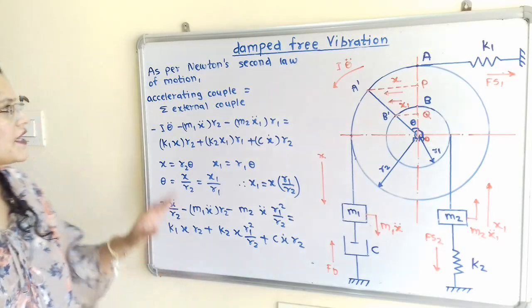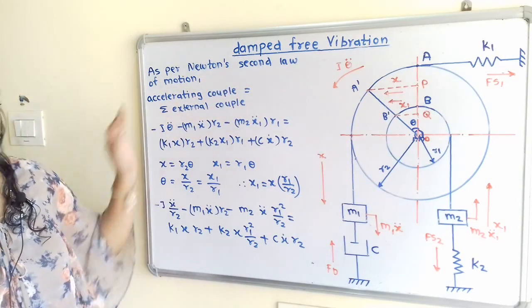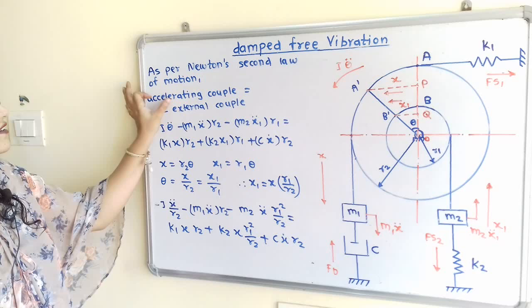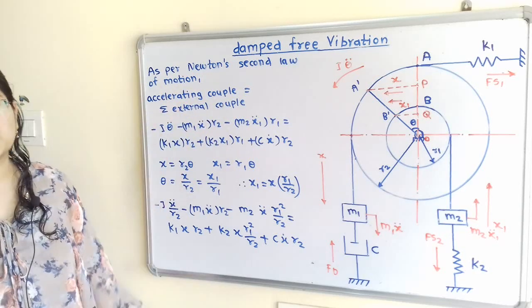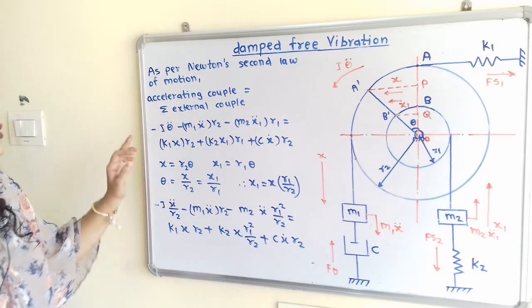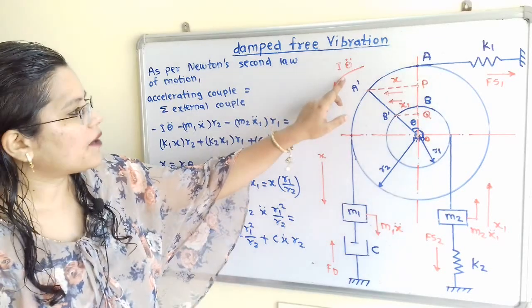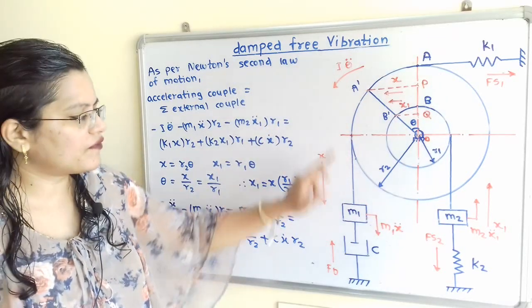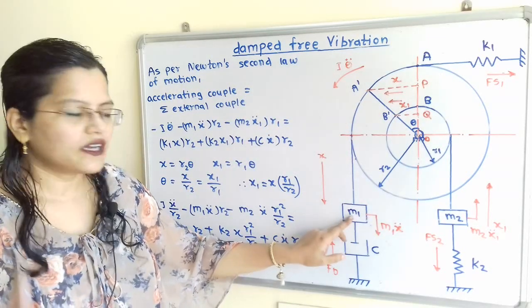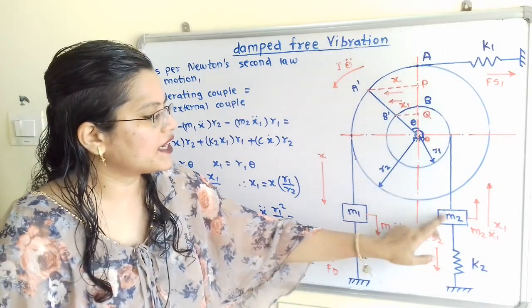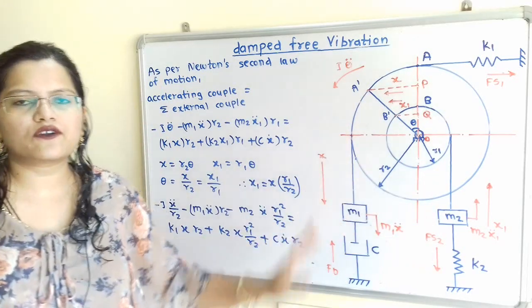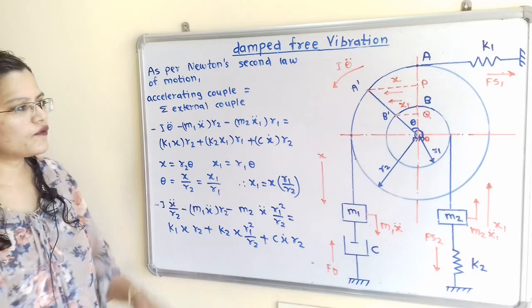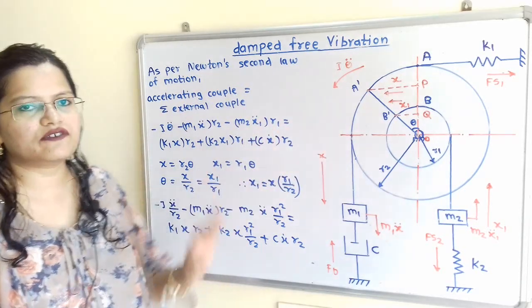So we will write the equation as per Newton's second law of motion. Accelerating couple is equal to summation of external couple. If we observe the couple due to the mass moment of inertia and the couples due to masses m1 and m2, they have anti-clockwise direction, so we have to give the negative sign.